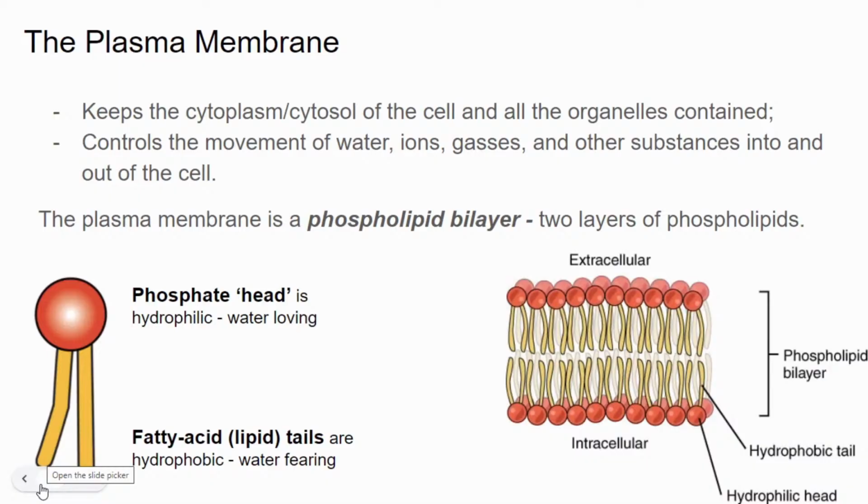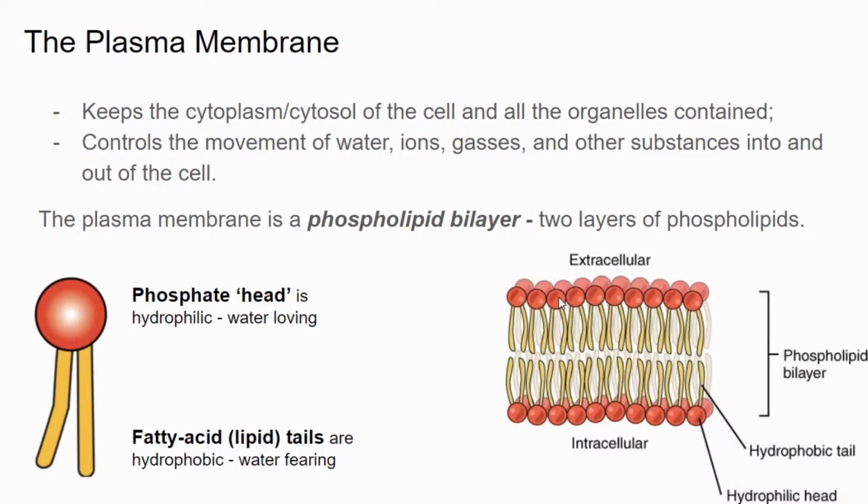Now, in most of the environments that cells are found in, there's a lot of water around. So when a whole lot of these phospholipids group together, they take this bilayer shape over here on the right-hand side. You can see lots of these clothespin-shaped units with our phosphate heads up here and our fatty acid tails down here.